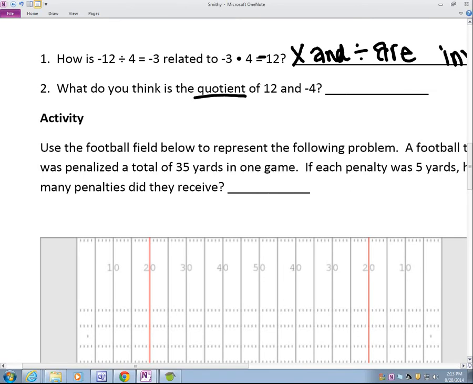So, what is the quotient for this one? Negative 3. You are correct.